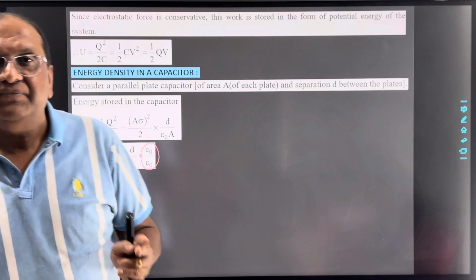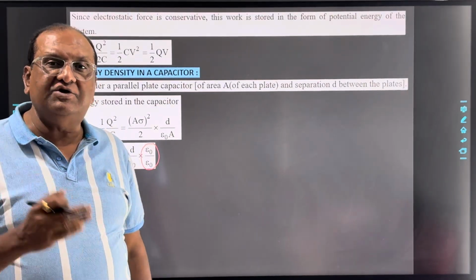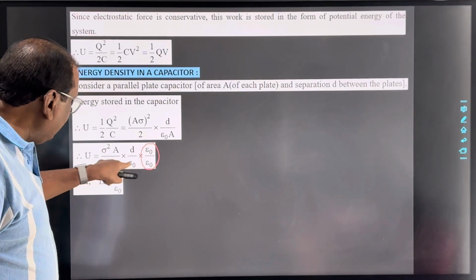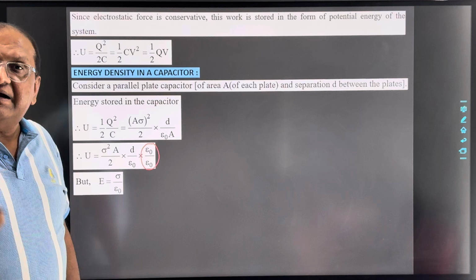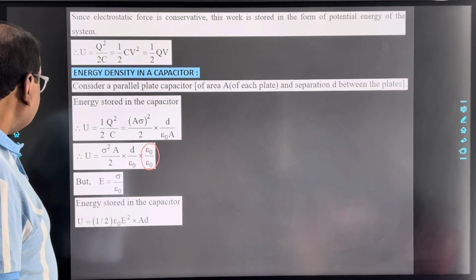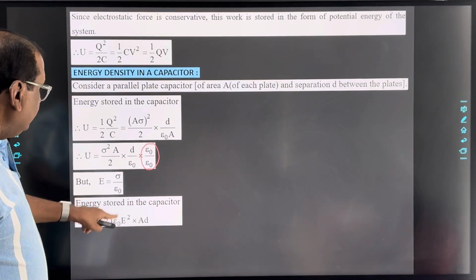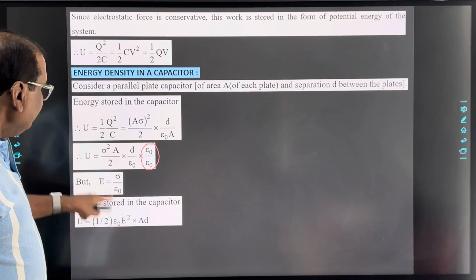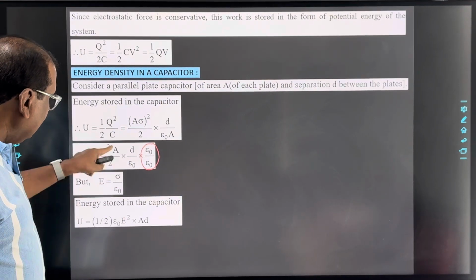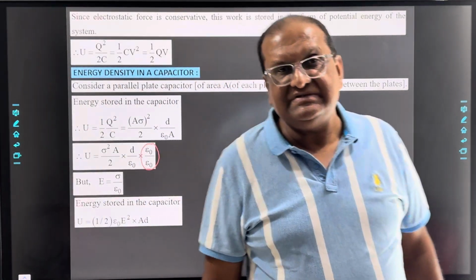We know the electric field between the two plates of the capacitor is E equals sigma over epsilon 0, so sigma^2/epsilon 0^2 can be replaced by E^2. So U equals half epsilon 0 E^2 times AD. But A times D is the volume of the capacitor.